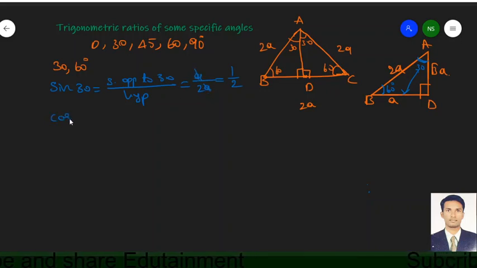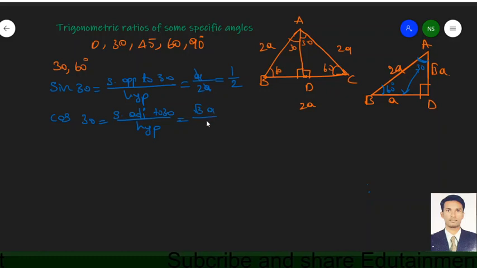Then cos 30 degrees is side adjacent to 30 divided by hypotenuse. Adjacent to 30 is AD, which is root 3A, divided by hypotenuse 2A. So we will get here root 3 by 2.